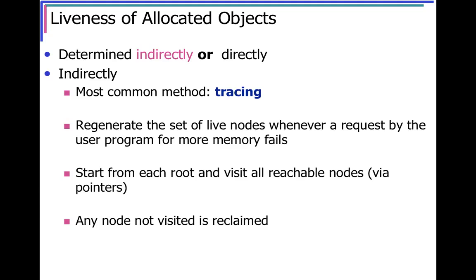We start with all of our roots and we visit all of the objects that are reachable from those roots. Note that some of those roots will have scalar values in them, the non-object values. We don't chase those. We only follow the roots that have addresses out to the heap, to objects. We go out to each of those objects and see if any of their fields refer to additional objects. And from that, we construct a liveness graph.